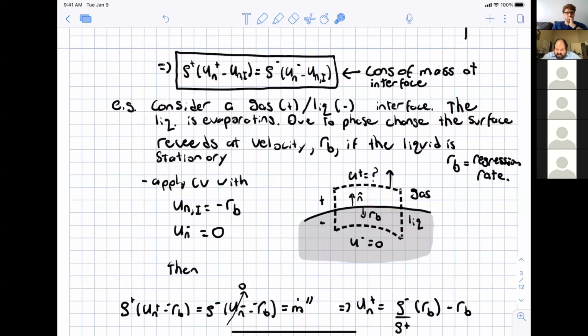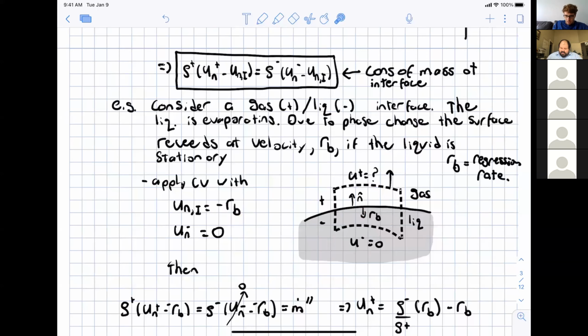Intuitively, it's an evaporating fluid. The surface as it evaporates is certainly not going to move up. That would be backwards. So there is a little bit of intuition that you will need to apply when defining what the normal velocity is, and things like that, to fully solve these.